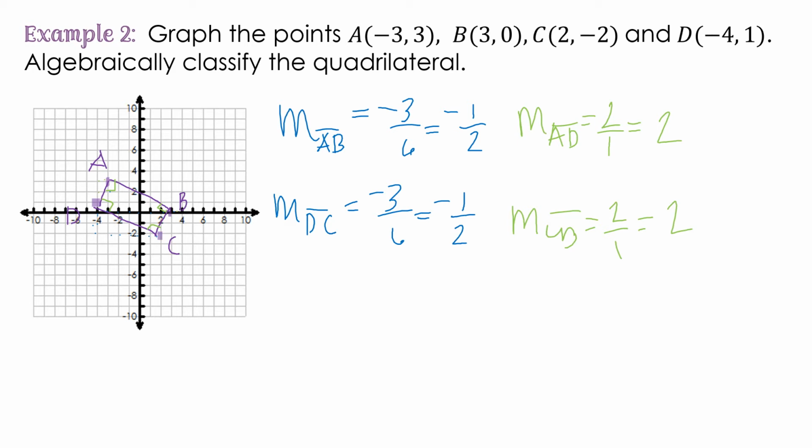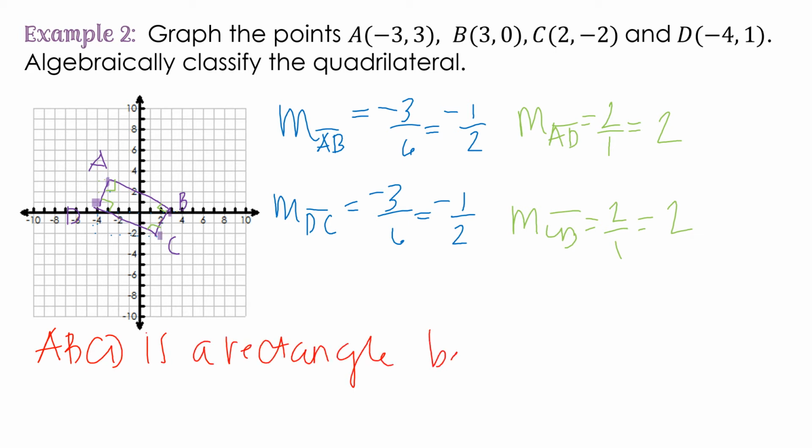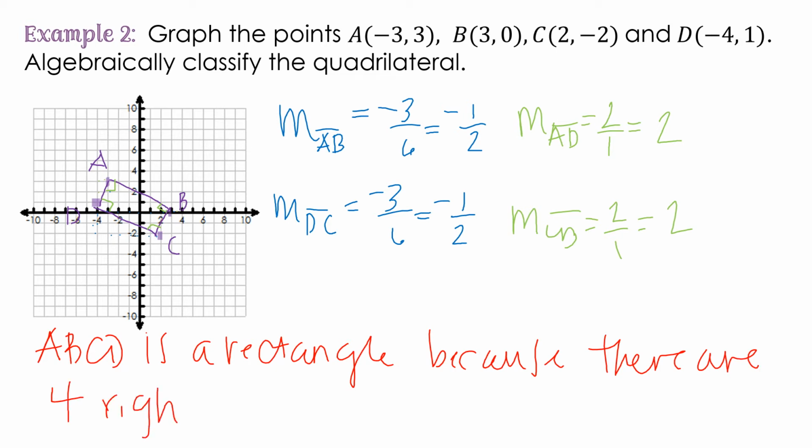So ABCD is a rectangle because there are 4 right angles. And again, the work is going to support your answer. Don't make that statement without showing me the work to support 4 right angles.